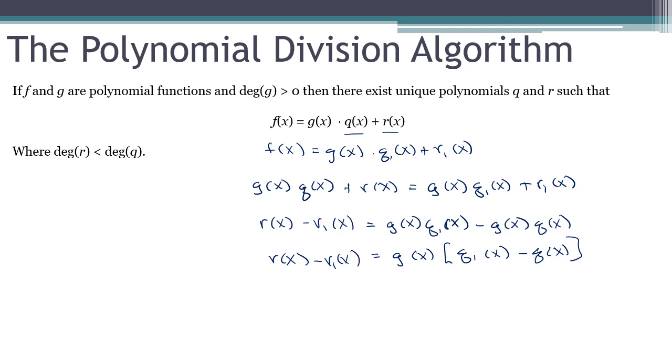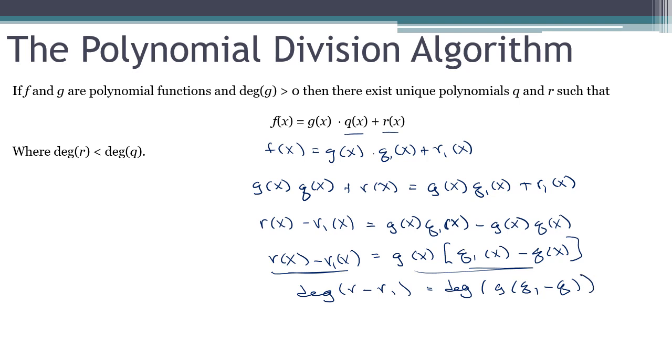Okay, so now we have two possibilities here. All right, either q1 of x minus q of x equals 0, or it doesn't equal 0. All right, well, look, one more thing here. If these two polynomials, right, this one and this one are equal, then their degrees must be equal. So the degree of r minus r1 has to equal the degree of g times q1 minus q.